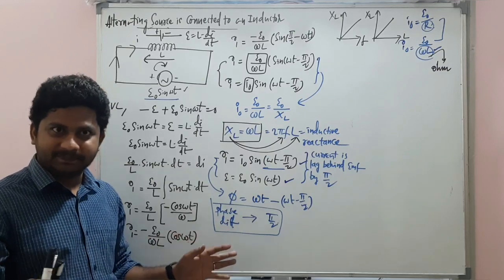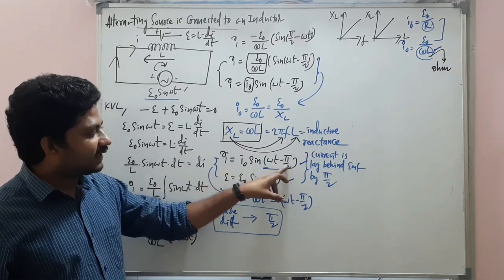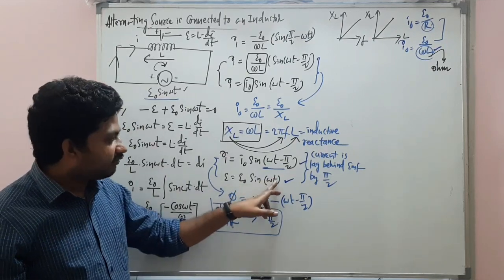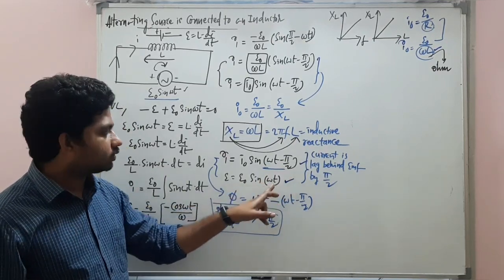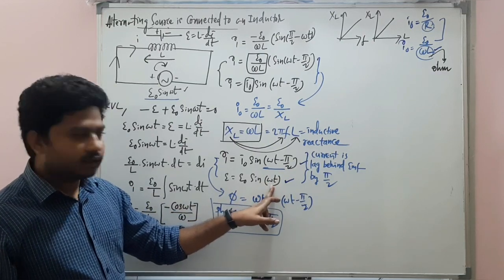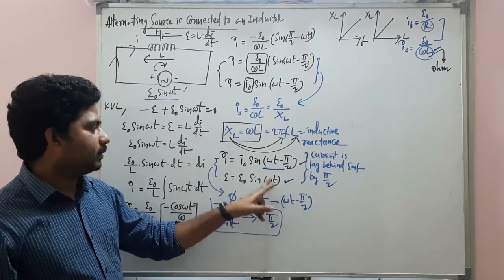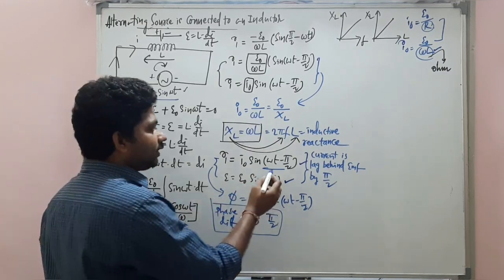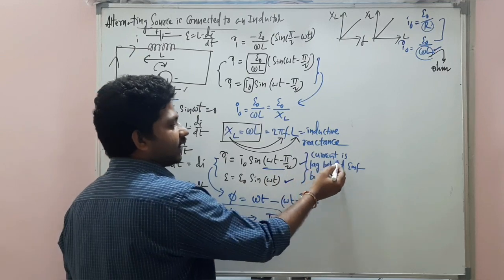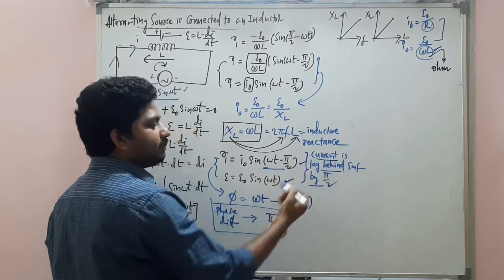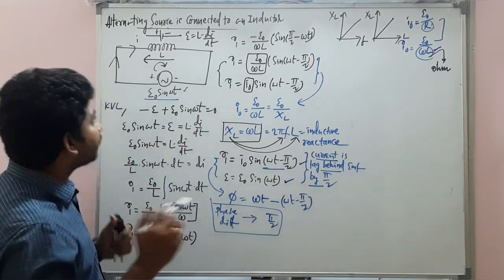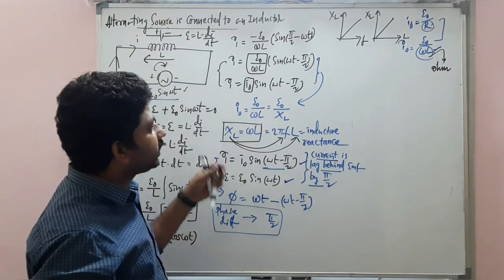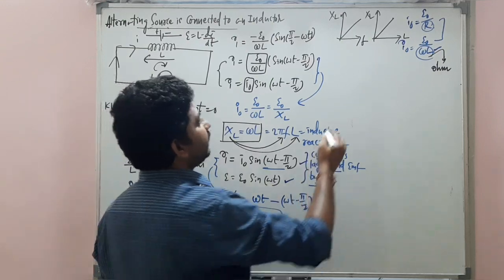No confusion, both are the same. If you add pi by 2 to this, you get the same thing; if you subtract pi by 2 from that, you get the same thing. Remember any one way. So as there is minus pi by 2 here, current is lagging behind EMF by pi by 2 when an alternating source is connected to an inductor. Okay, so now let us draw this sine curve.